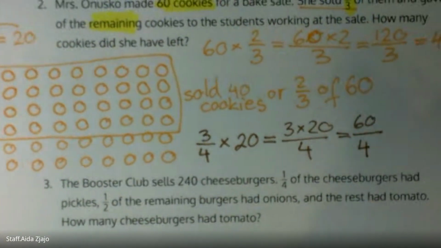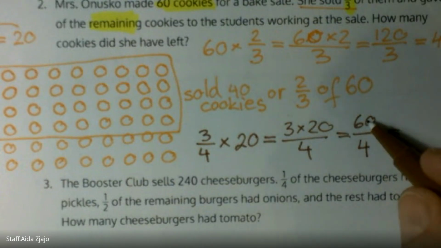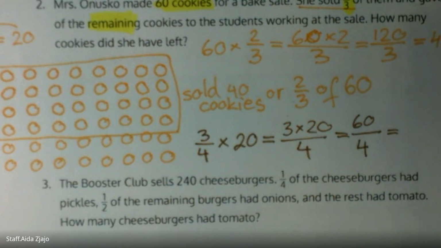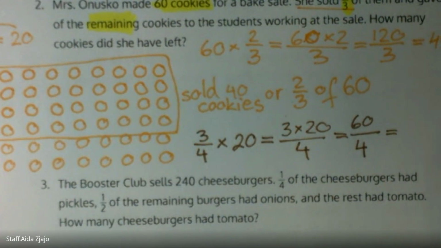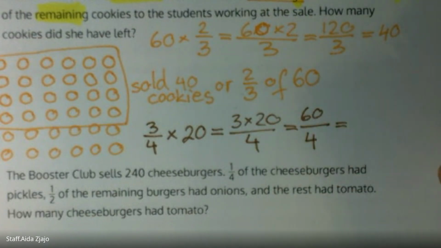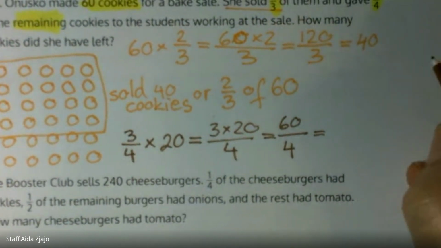So you can think of what number times 4 makes 60. This is the division symbol, so you can also do it like this.